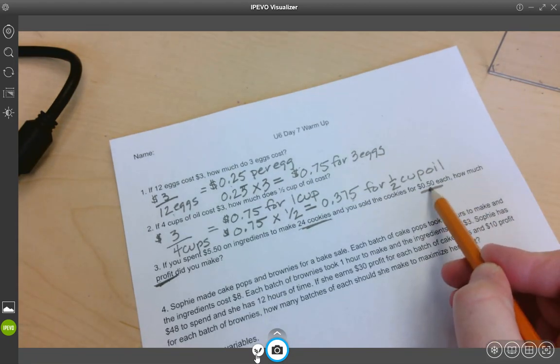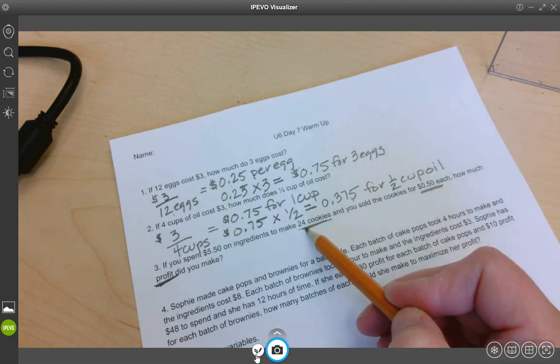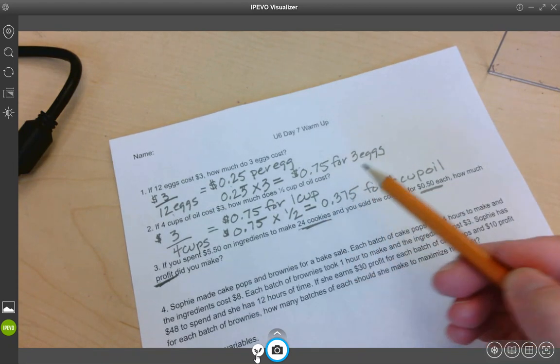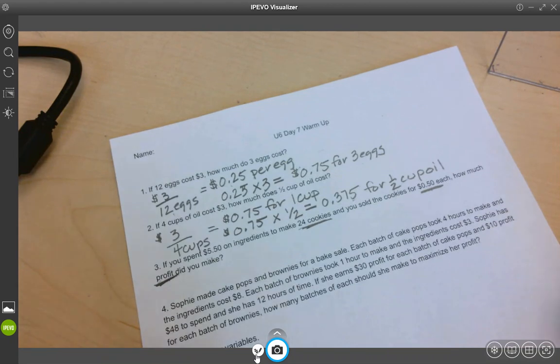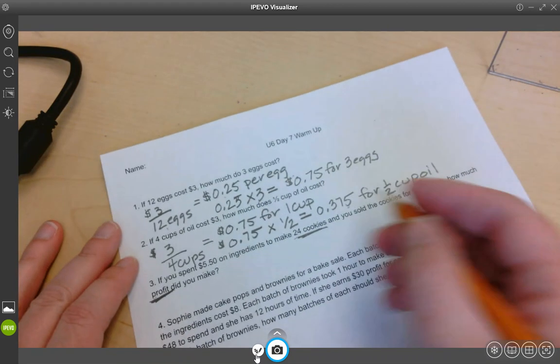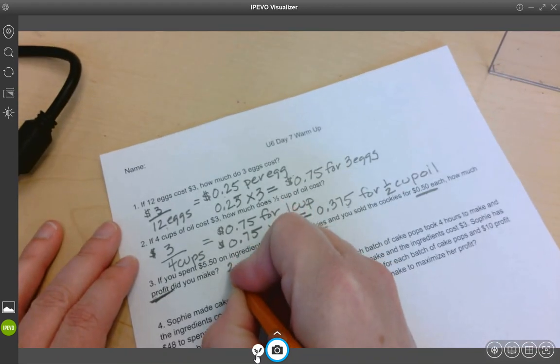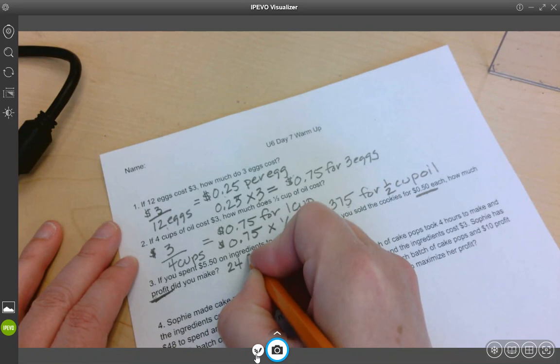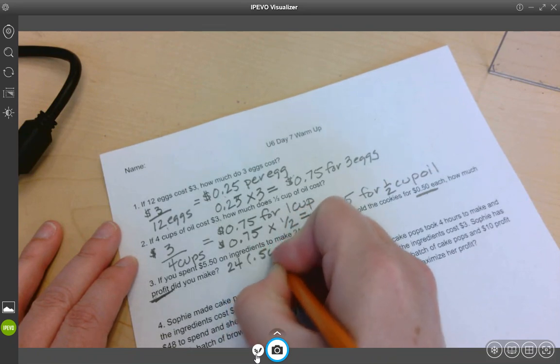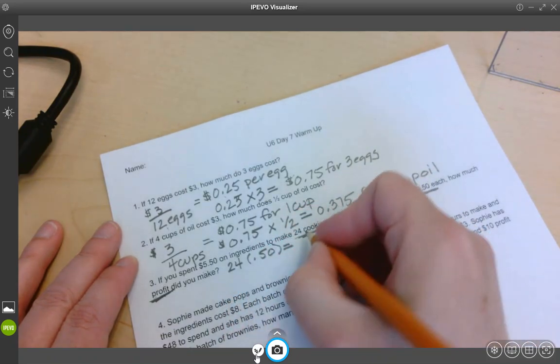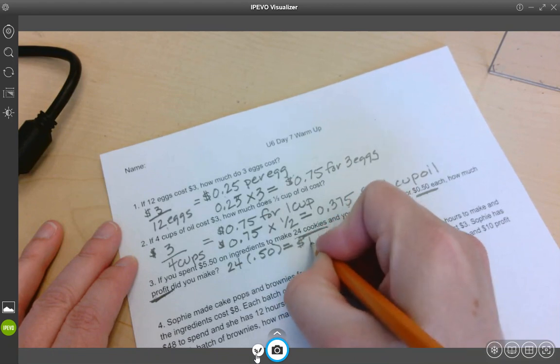So 50 cents for each cookie, right? But there's 24 of them, so I get more than 50 cents. You get $12. Yeah. How do we get $12 out of that, guys? It is, right. So 24 cookies times 50 cents for each cookie is $12.